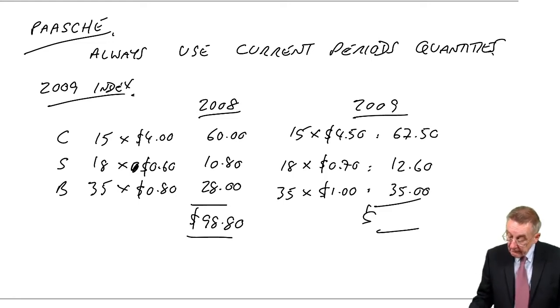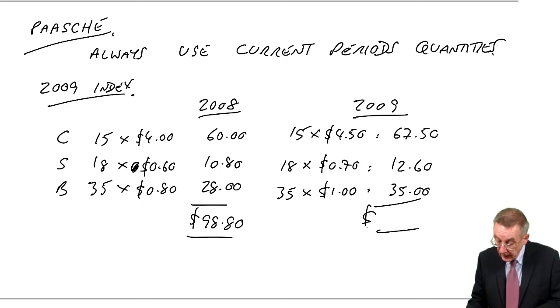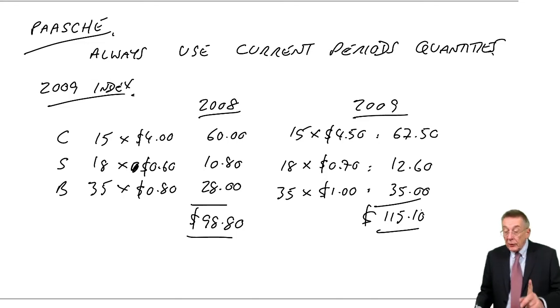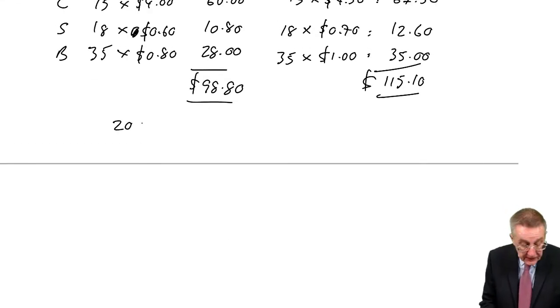And so the cost of the same basket would be $115.1, and therefore the index number for 2009, well, remember 2008 is the base, and so it's 100.